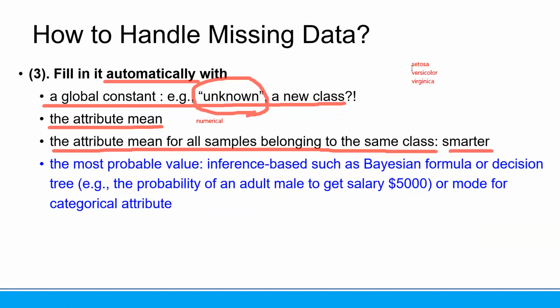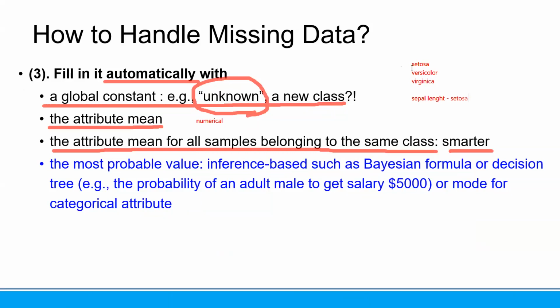Let's say I check the data and I found out that one of the sepal lengths is missing. Okay, then I will check what is the flower name. And I know that the flower name is setosa.